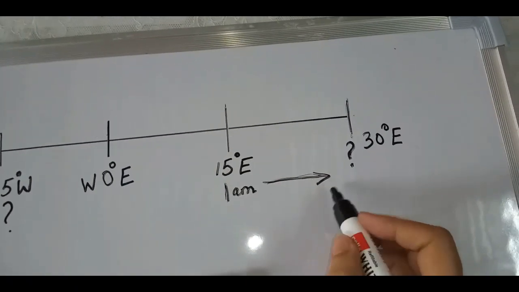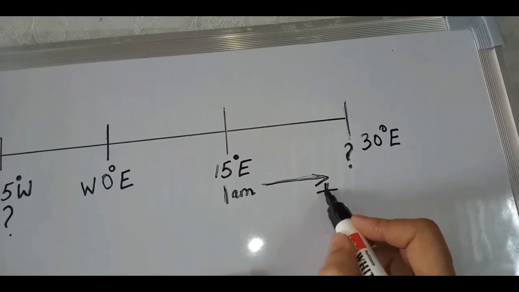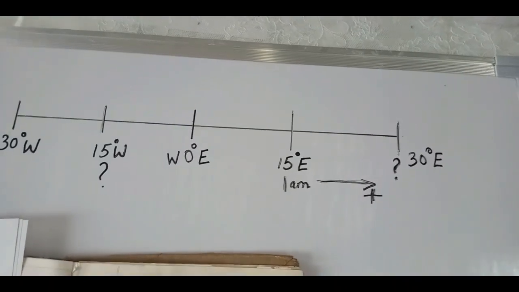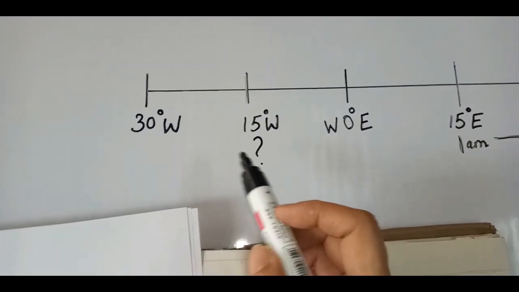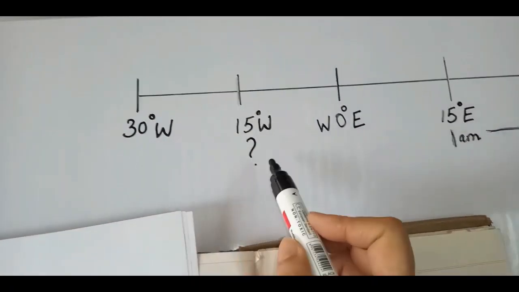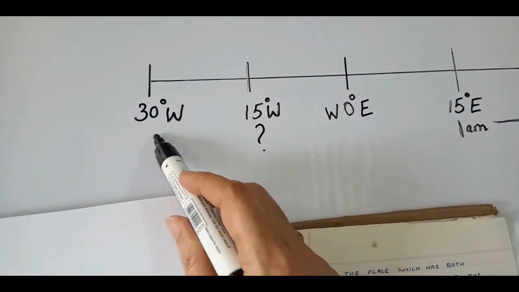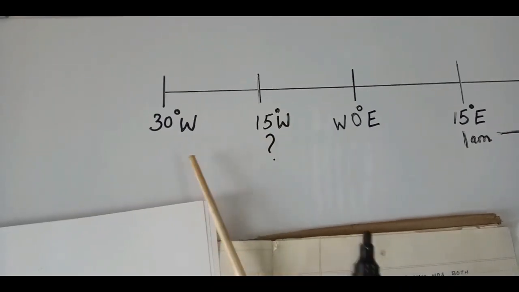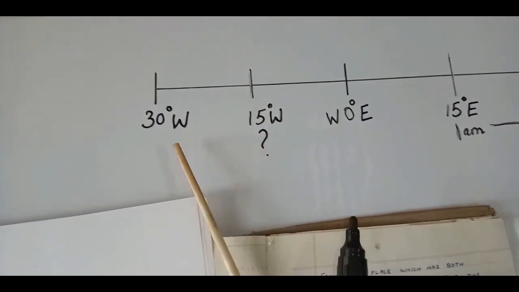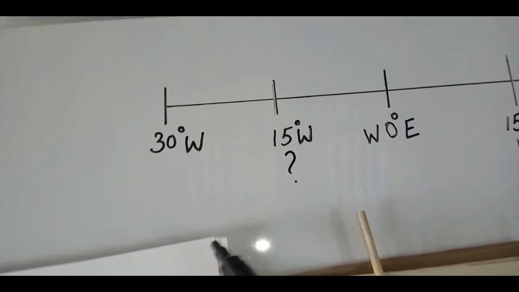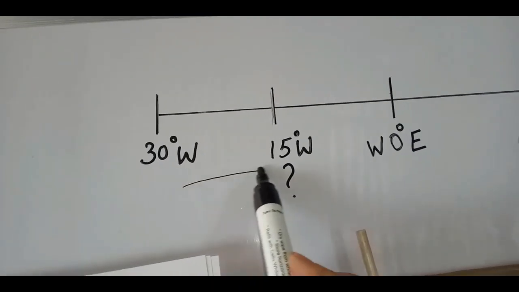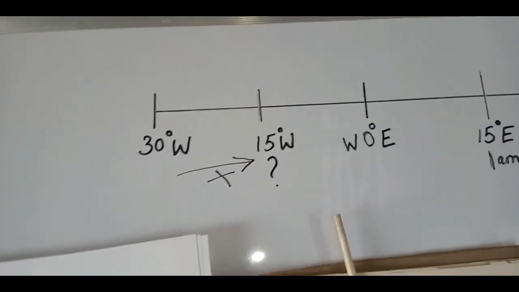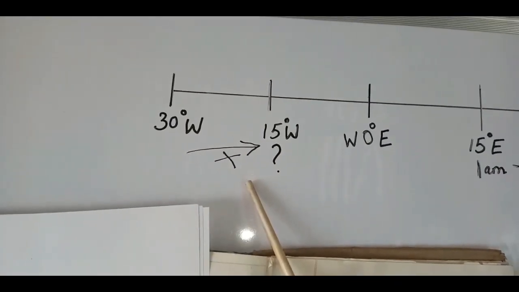Therefore, what will be done? Addition will be done. There will be an adding of the time. In the same way, here also the unknown time is lying towards the east of 30 degrees. So in this case also, one is moving towards the east, and therefore there will be an addition of time.